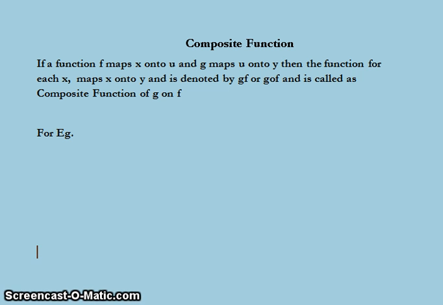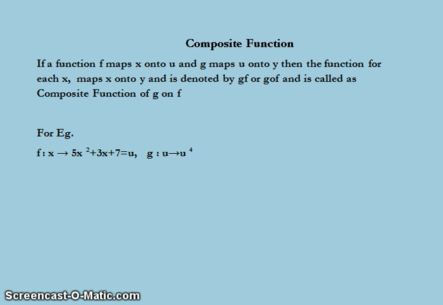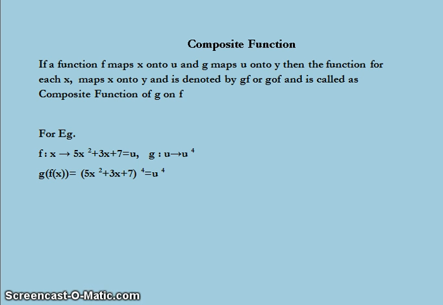For example, if f of x is equal to 5x square plus 3x plus 7, which is equal to u, and another function g, which is a function of u, is equal to u to the power 4, then g in terms of f of x is written as 5x square plus 3x plus 7 whole to the power 4, which is thus equal to u to the power 4.